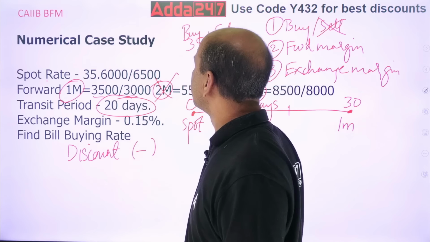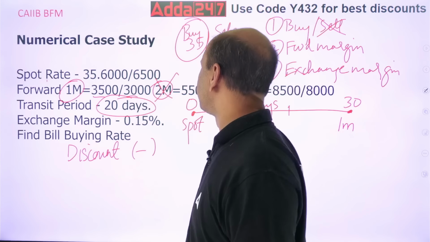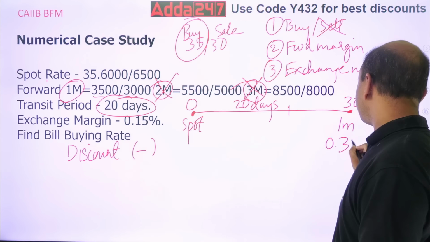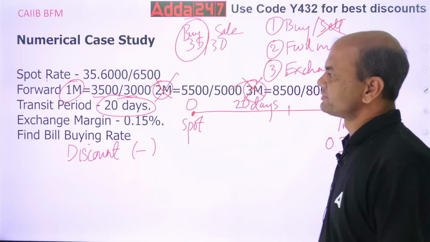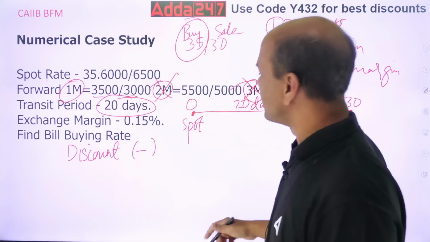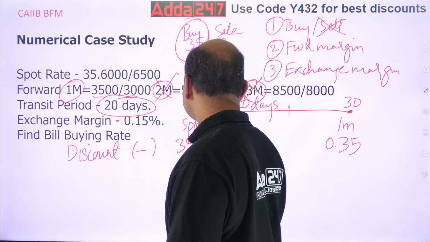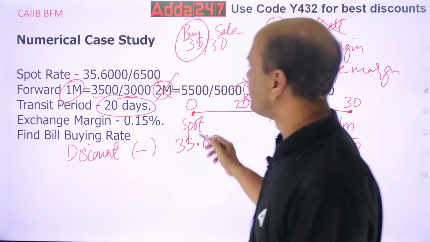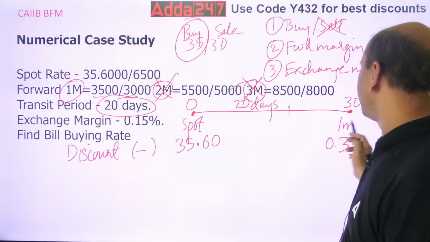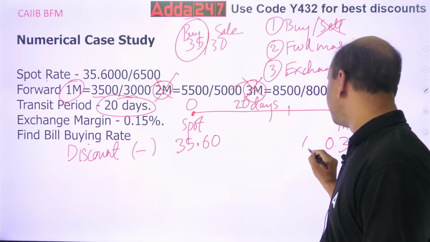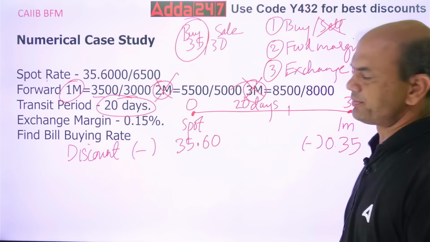So I'll take this rate, 35. Let's write it in points: 0.35. Spot is 35.60 and 1 month is 0.35, but that is minus, kindly note, because it is in discount.